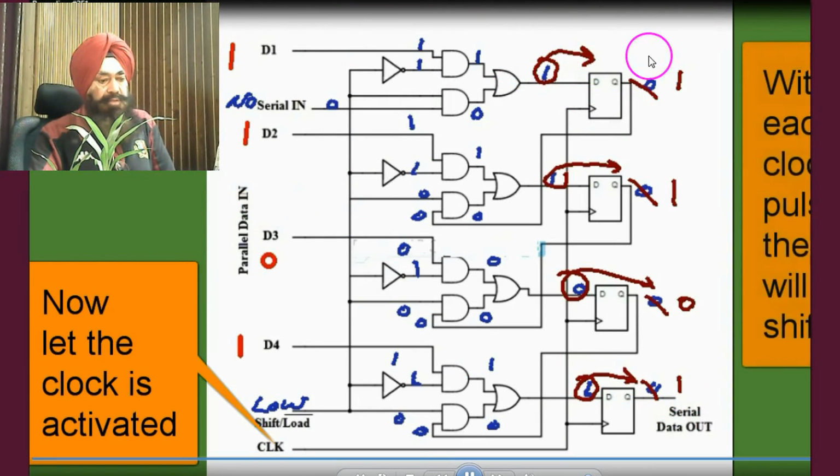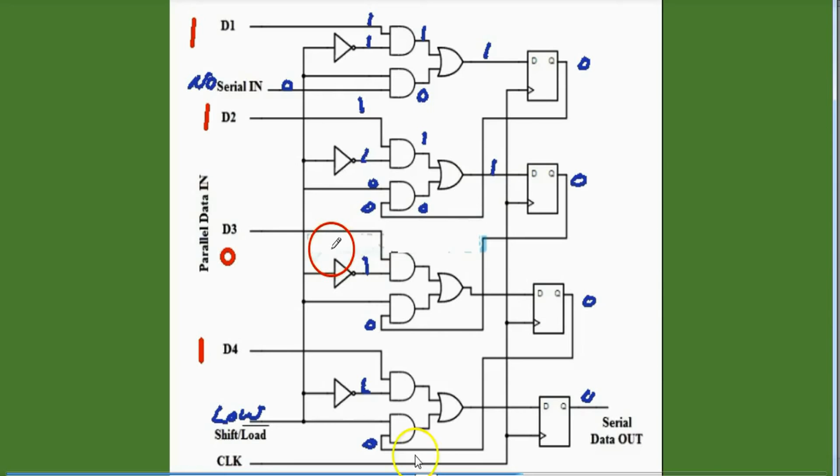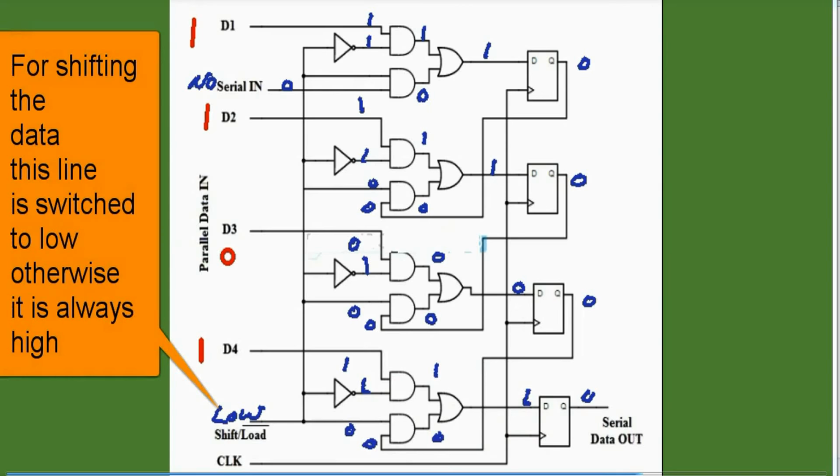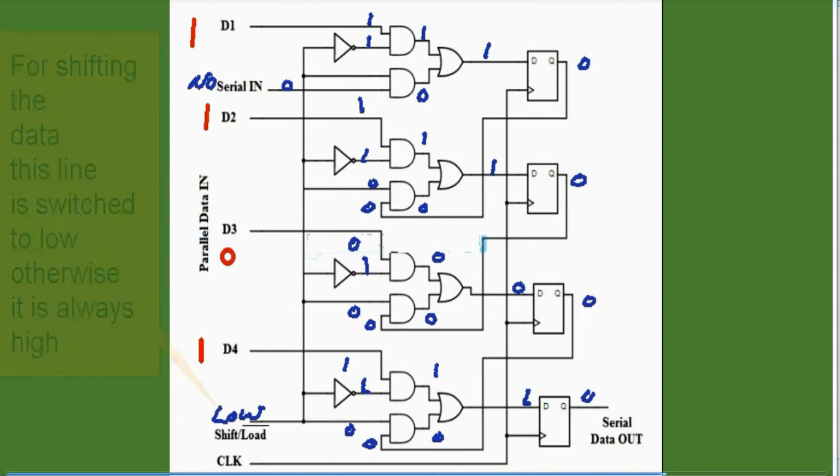So whatever data is present at the input will be shifted to the input of all the flip-flops when the shift load line is activated, meaning when it is at low. But remember, this is low only for a short while. Otherwise it is high. So for a short while it is low and data is then shifted.